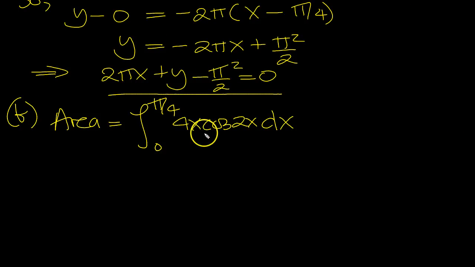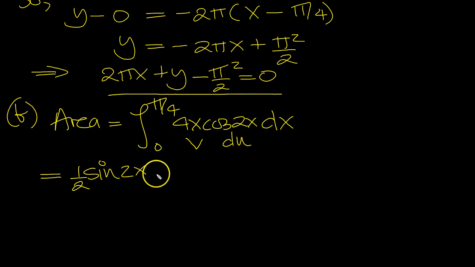Okay, so we need to do parts. So if we label this v and this du, then we can write down the answer, can't we? So it's going to be u, which is sine, integral of cos is sine, and we need a 2 underneath, don't we? So that's u times v, uv, there we go, between 0 and pi over 4.